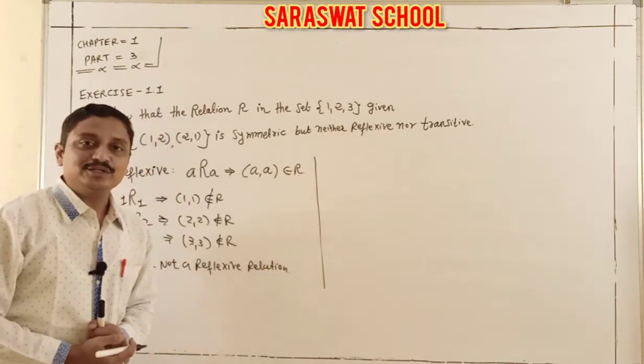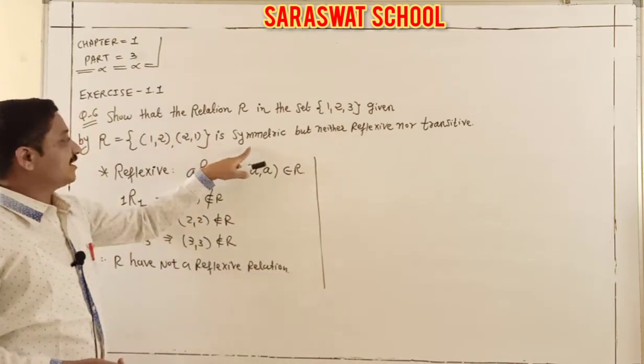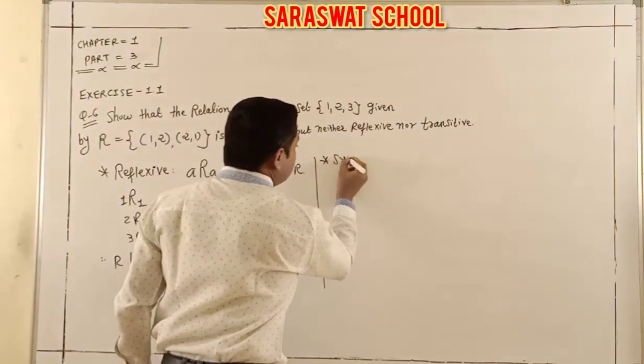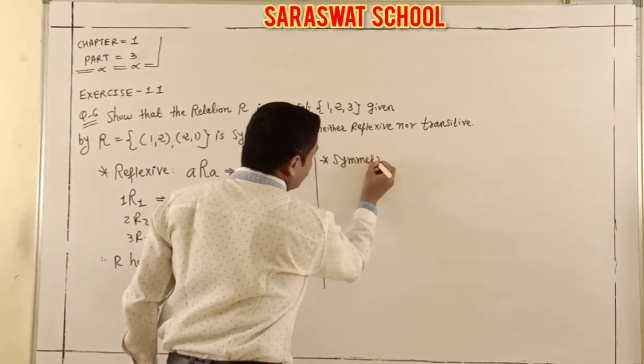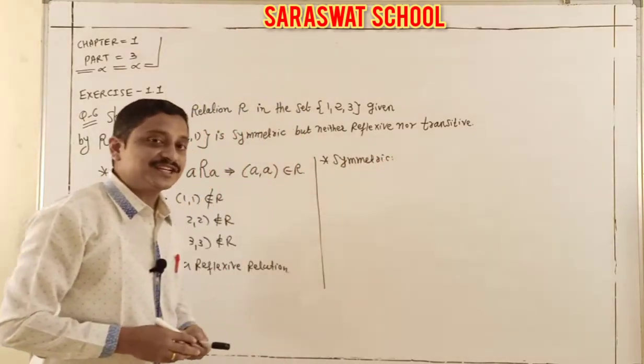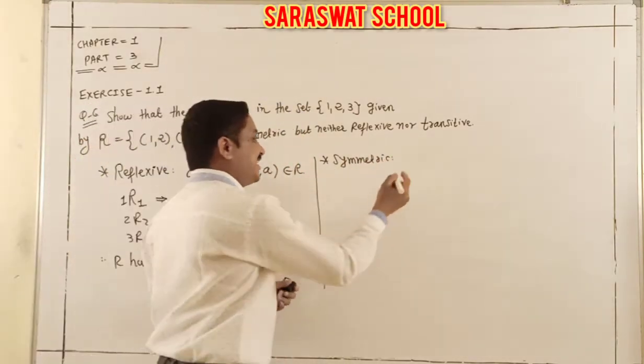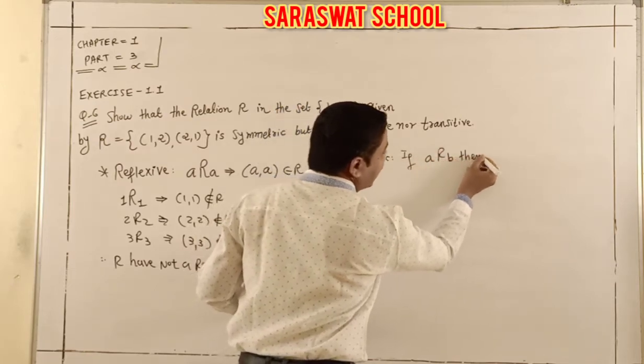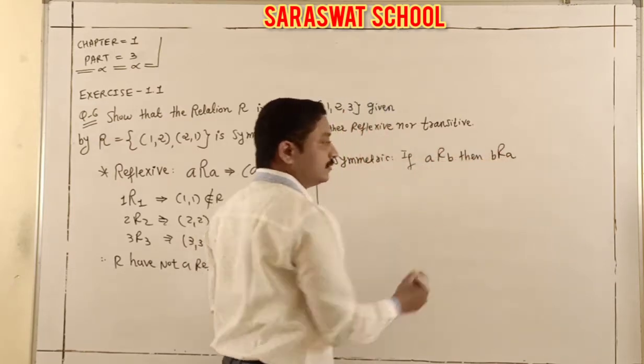Your first case is easily done, students. Now I am going to check symmetric, to prove that it is symmetric. What is the rule for symmetric relation? If a is related to b, then b is related to a.